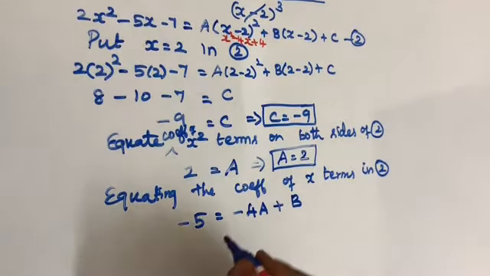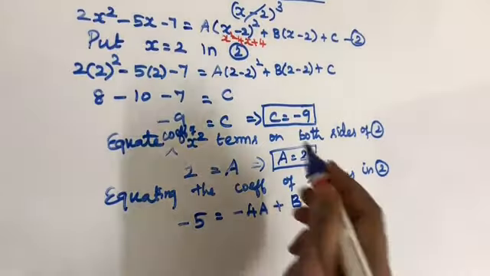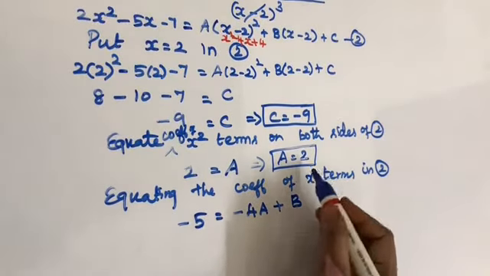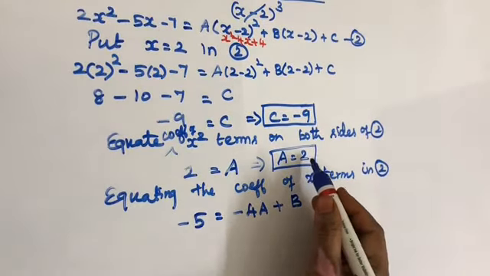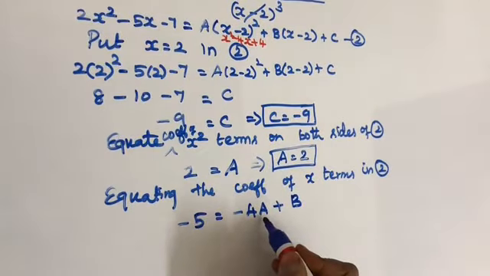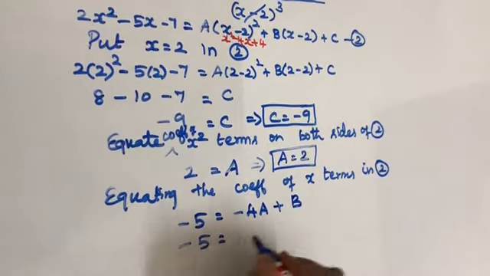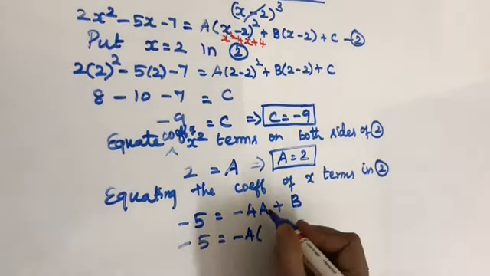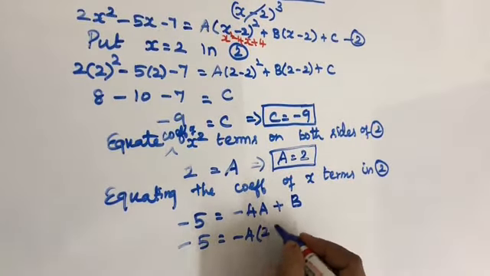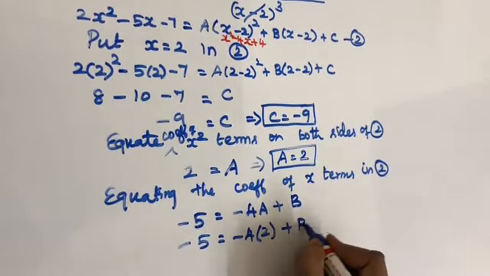Okay. So now we have to find the value of B. We already found A is equal to 2. So we can substitute 2 here. Minus 5 is equal to minus 4 into, instead of A, I am substituting 2, plus B. Okay.